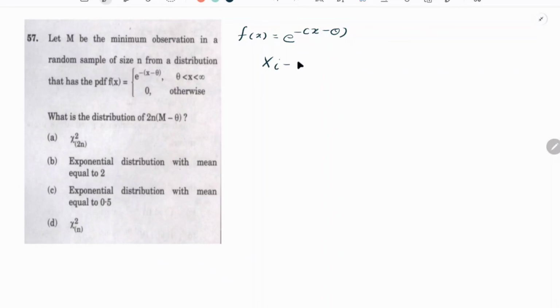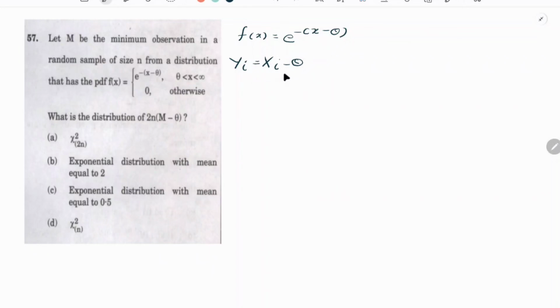That is, if we subtract theta from each xi, let's say this is a new variable yi, then each xi minus theta is exponentially distributed with parameter 1. That is, each yi is exponentially distributed with parameter 1.